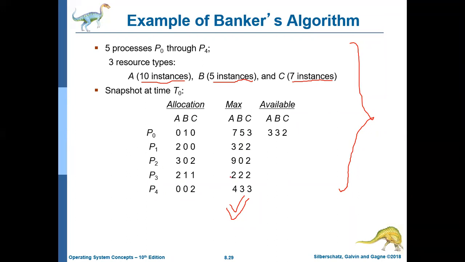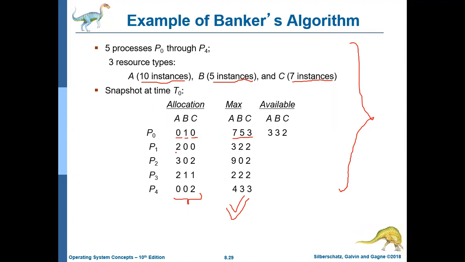Now, what you have already given to these processes is shown by the allocation. Obviously, the allocation will be less than your max. This means 0, 1, 0 means you have not given any A, you have given 1B and you have not given C. This process requires this much of resources, and you have allocated this much.